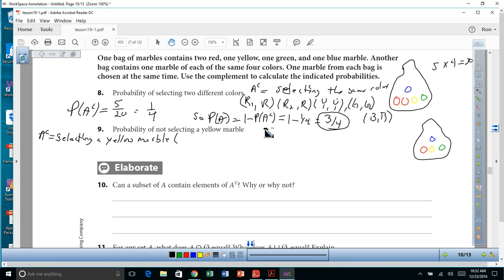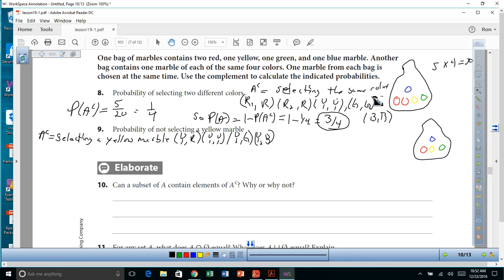If you draw from this bag here first, you got yellow, red, and yellow, yellow, yellow, yellow, yellow, green, yellow, blue. All right. So that's if you draw the yellows first.